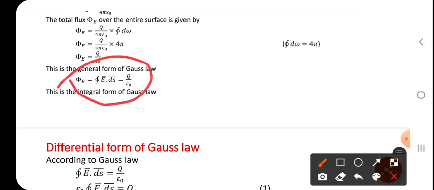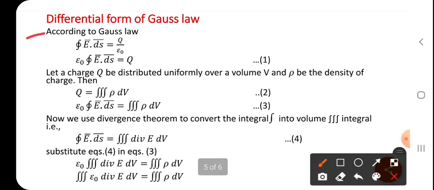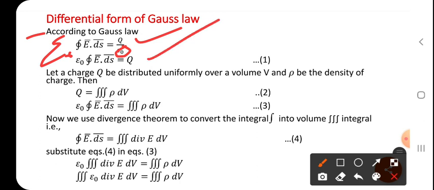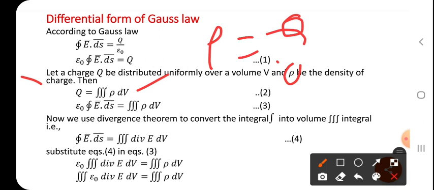And next, the differential form. According to Gauss law, this is the integral form, and bringing epsilon naught to this side, we write epsilon naught integral E bar dot ds bar is equal to q. Let a charge q be distributed uniformly over a volume v, and rho be the volume density of the charge. Generally rho is q by v.